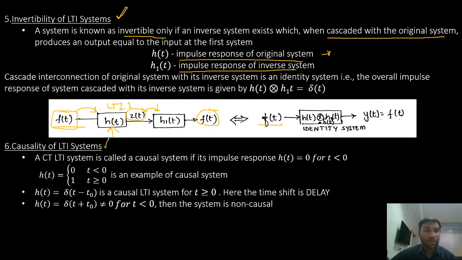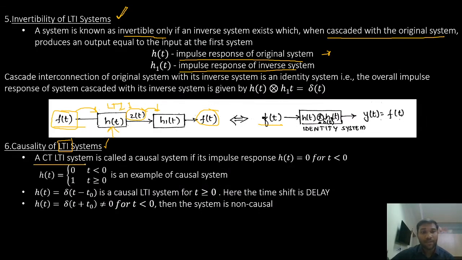Then we have causal systems. What is causality? When is a system called causal? When it is only defined for values of t greater than 0, only for positive values of t. So similarly, when is an LTI system causal? We have already said that an LTI system can be completely characterized by its impulse response.